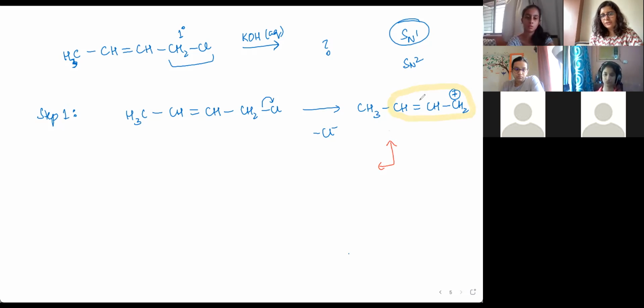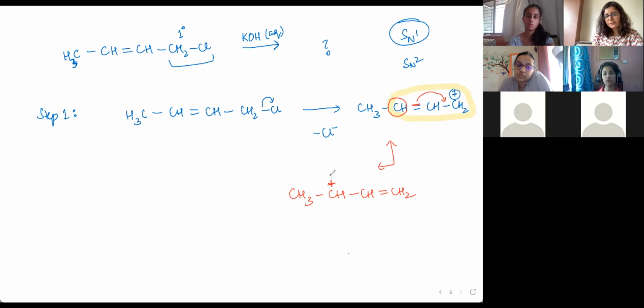This is lacking in electrons. So these pi electrons are going to be shifted over here. So you'll find them being CH3, CH, CH, double bond CH2. Abhi ye double bonded electrons idhar gaye na, which means this carbon has lost electrons. The positive charge will be on this carbon.